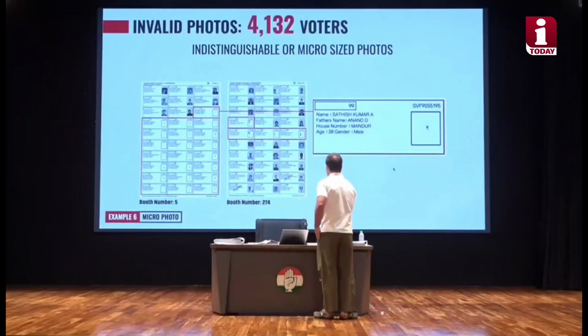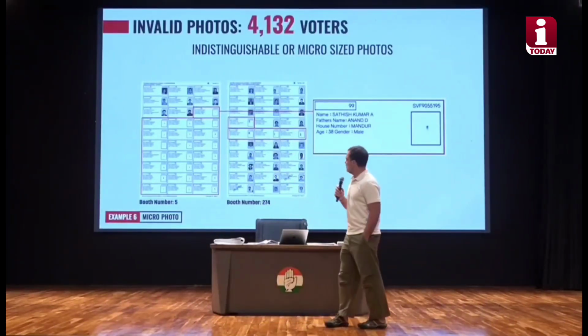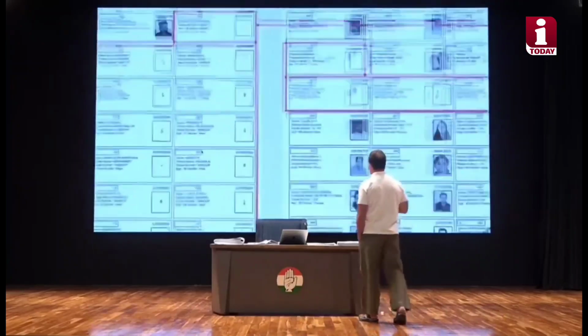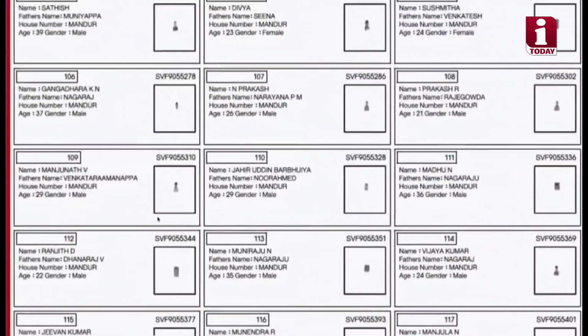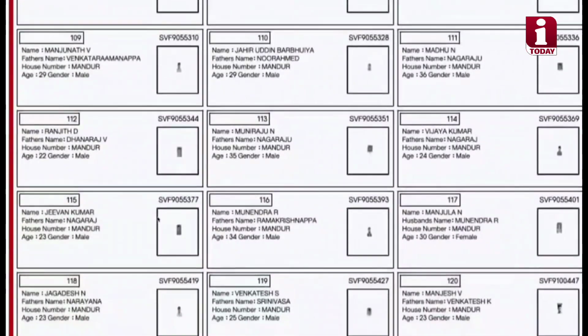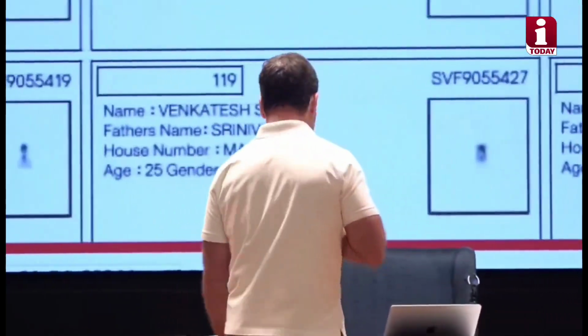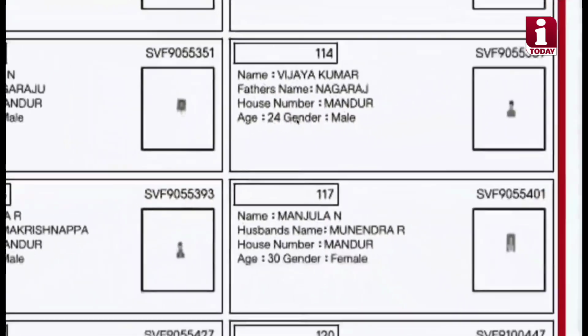Invalid photos. There are 4,000 voters. Show the photos. These are the photos. Either no photo or a photo that is so small that... कहाँ गया भाई?